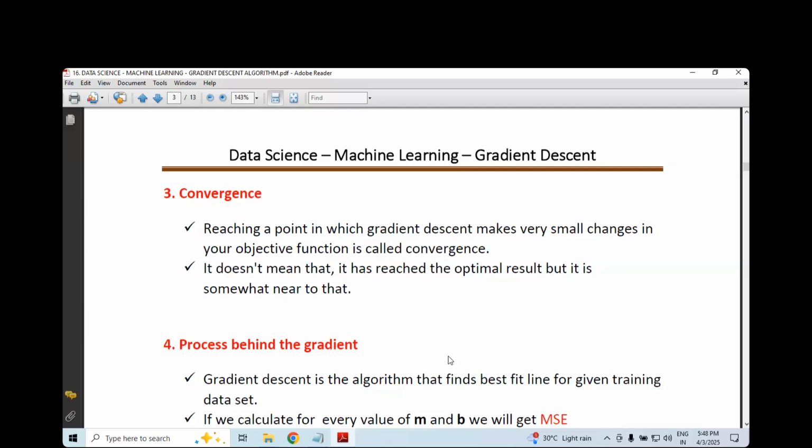Best example, imagine a person who is making 100 mistakes. Suddenly he cannot stop all 100. One mistake he can stop, then 2, 3, 4, slowly by slowly he can reduce. Now read the point. Reaching a point at which the gradient descent algorithm makes very small changes in your objective function is called convergence. Let me show you the diagram.